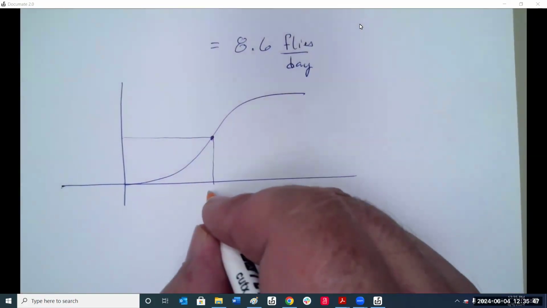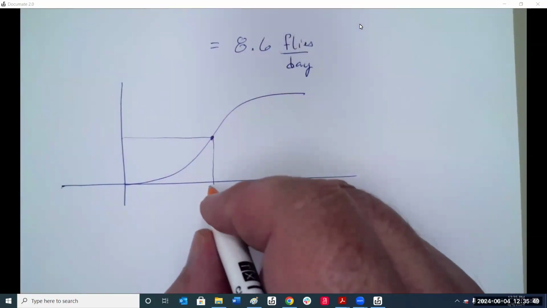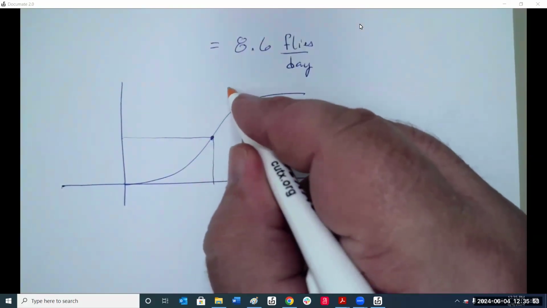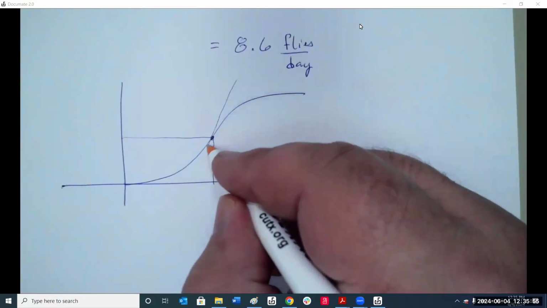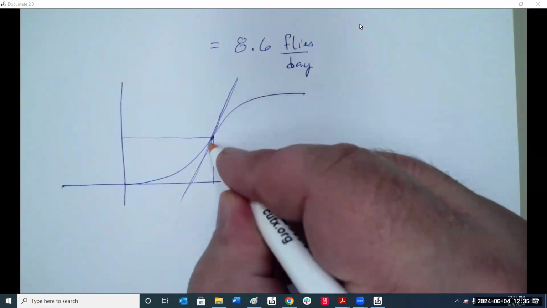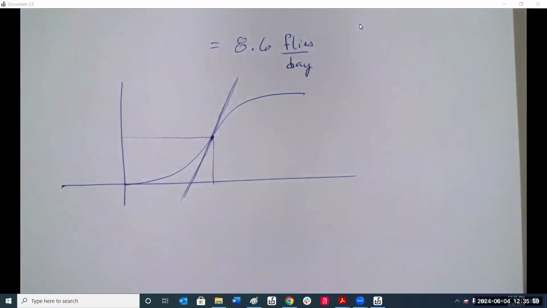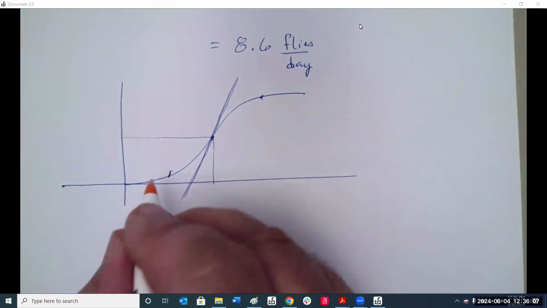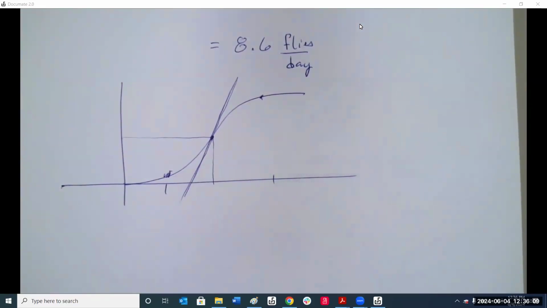To find the instantaneous rate of change, what we need to do is find the slope of that tangent line there. How do we find it? We take 2 points and find the average rate of change there.